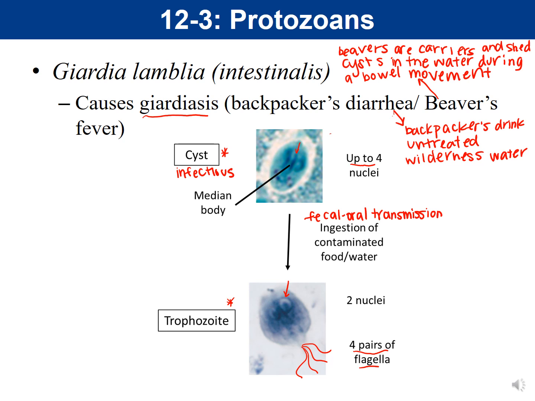And so again, backpackers' diarrhea is because backpackers will go out, they'll collect water from, let's say, a stream. And one of the ways that sometimes people will try to clean water from the wild is that they will use chlorination tablets. So normally in our water supply, we have chlorine in there.